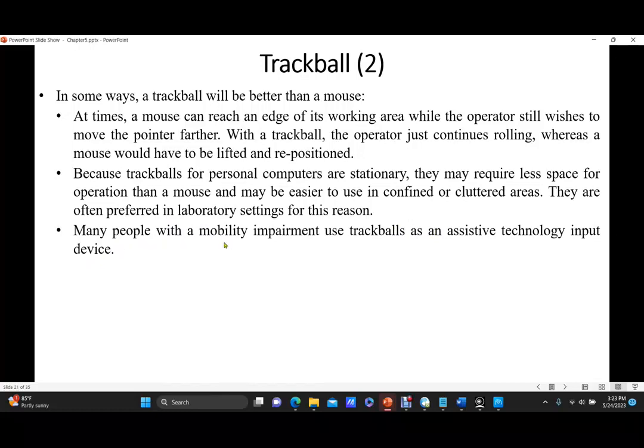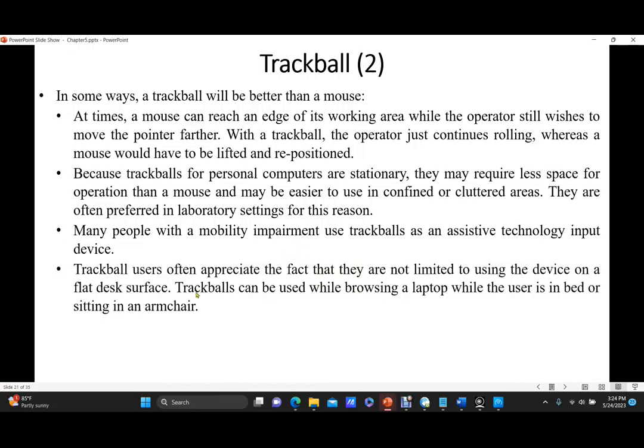Many people with mobility impairments use trackballs as input devices in assistive technology. Trackball users often appreciate the fact they're not limited to using the device on a flat surface.